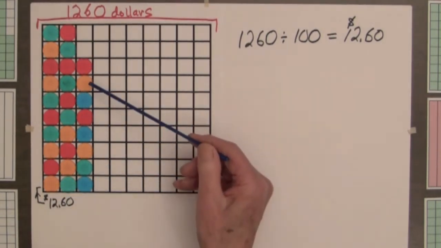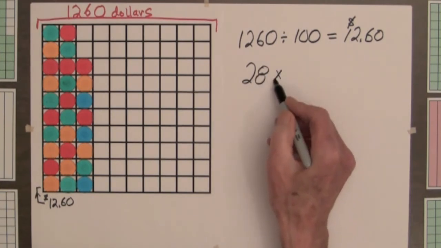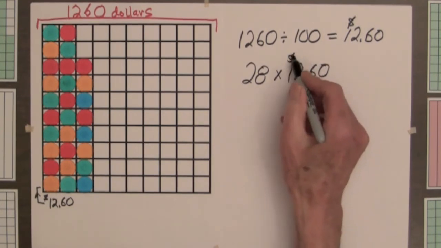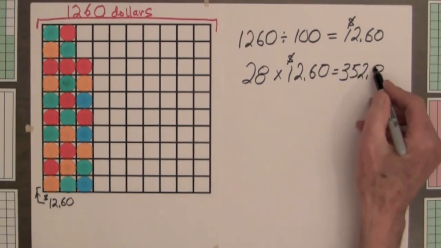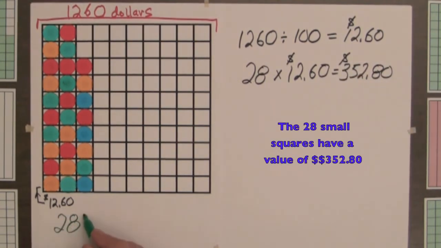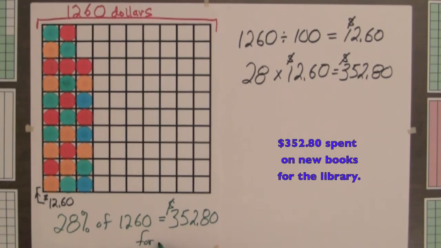And 28 small squares have a value of 28 times 12.60, which equals $352.80. And so 28% of 1260 equals $352.80 for new books.